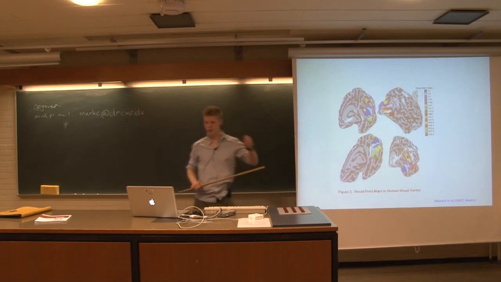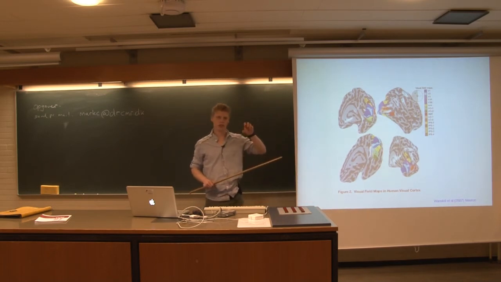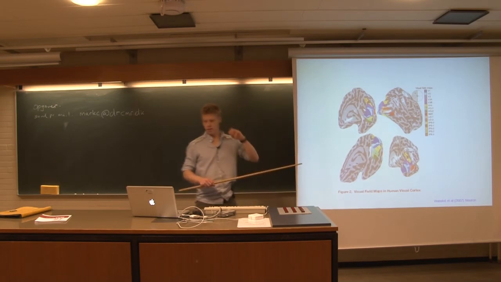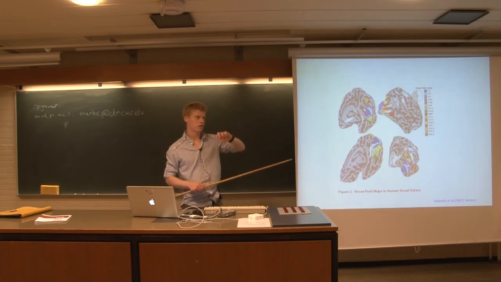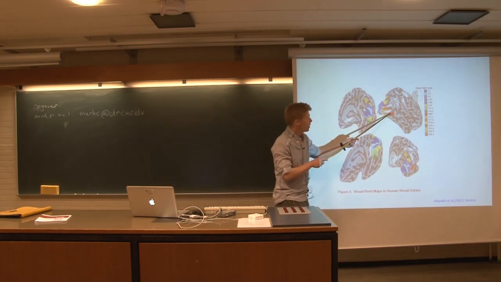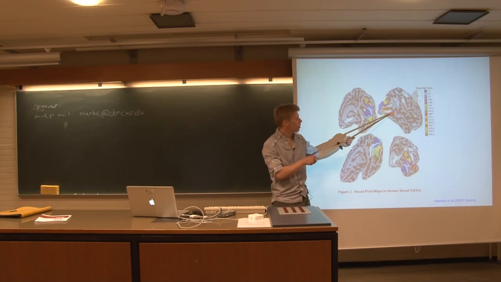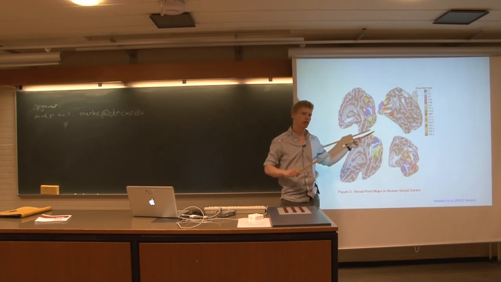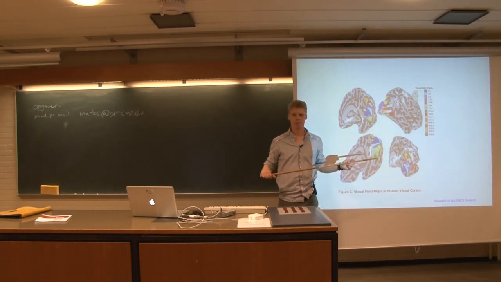So you will see that within each of these visual areas, this retinotopic organization is preserved, so that something that's presented in the center is represented in one part, and neighboring parts of the visual field will also be neighboring in their representation in the respective visual area.